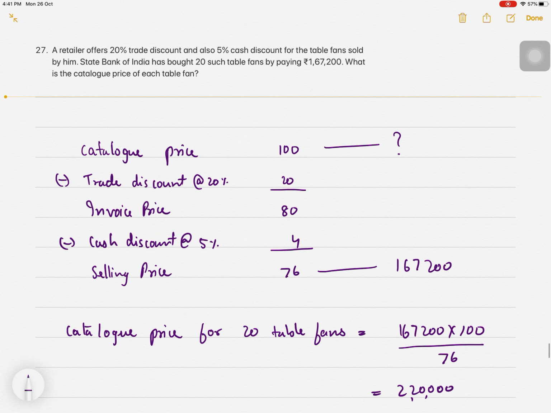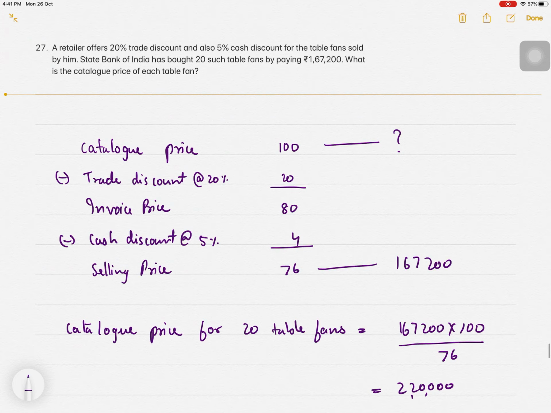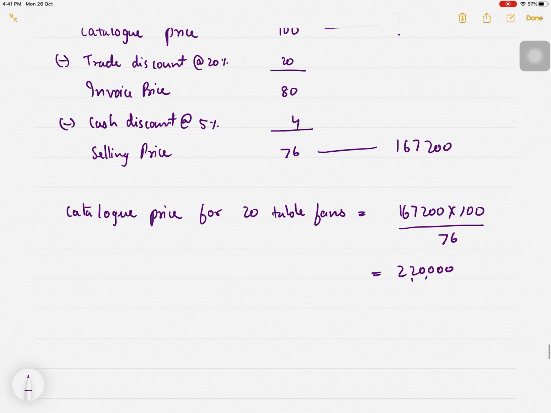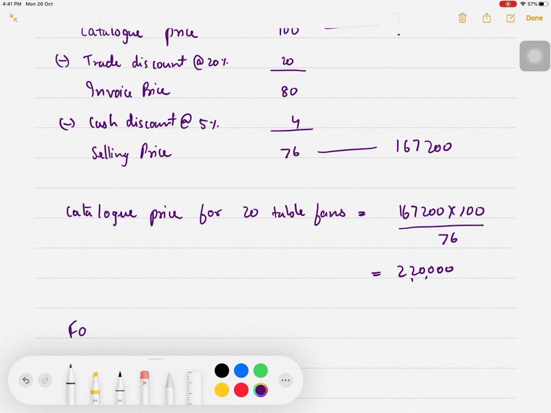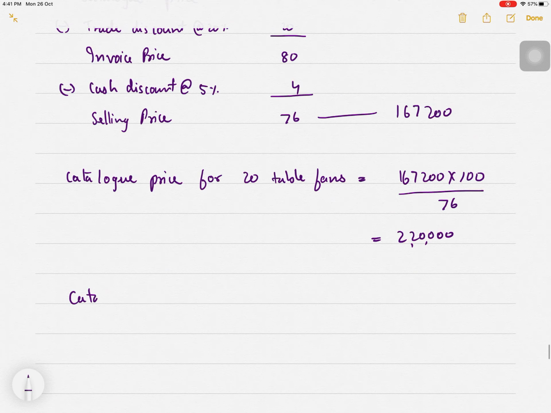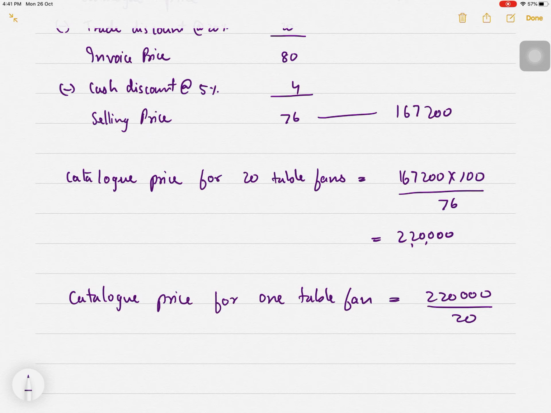is the catalog price for 20 table fans, and they have asked what is the catalog price of each table fan. Okay, so catalog price for one table fan is equal to 2,20,000 divided by 20.